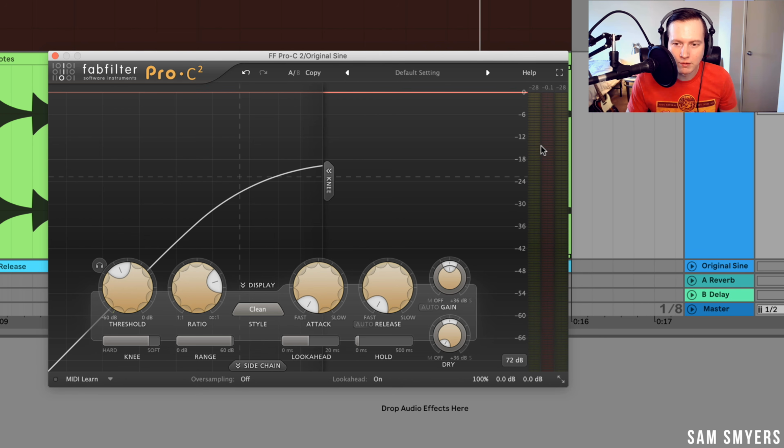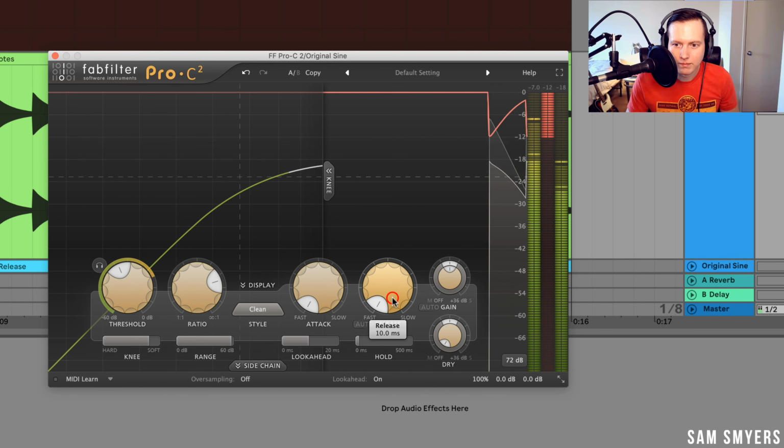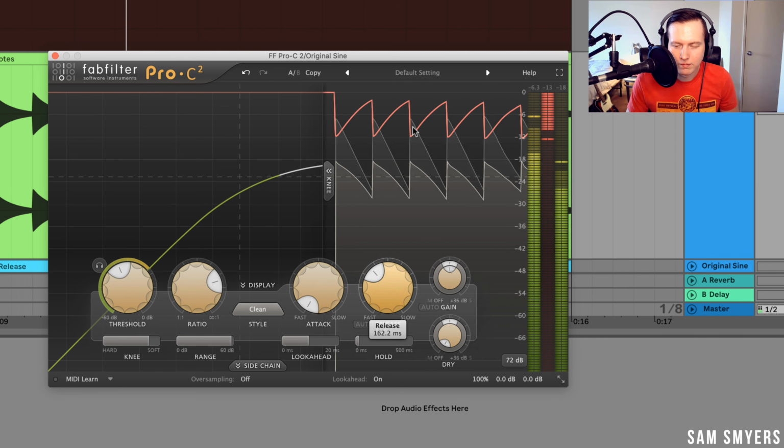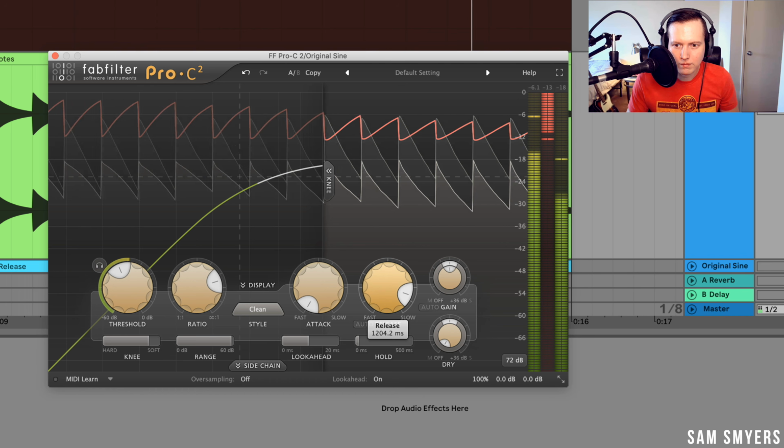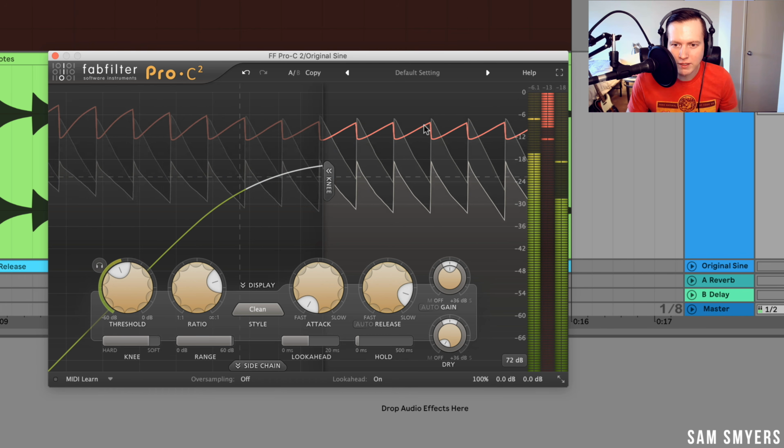So the compressor is releasing a lot slower when we make this release slower. If we take a look at the metering here, we also see how the graph is changing as we change the release from fast to slow. See how it's smoother here?